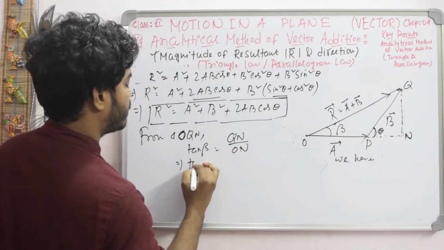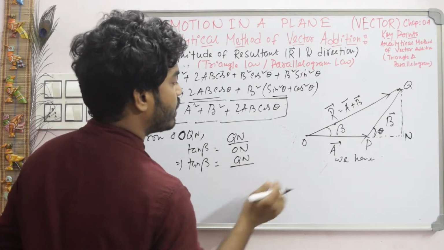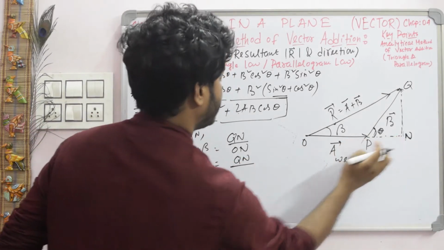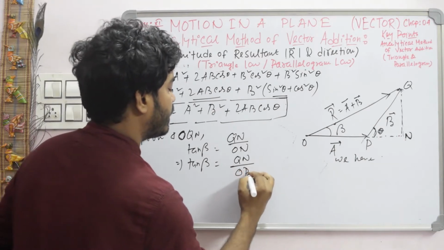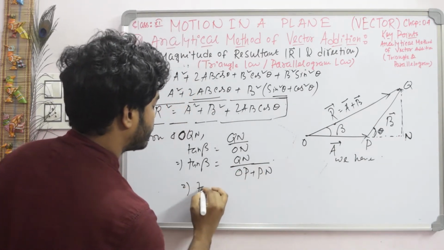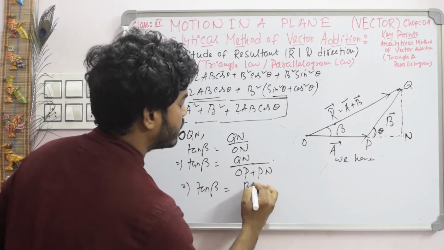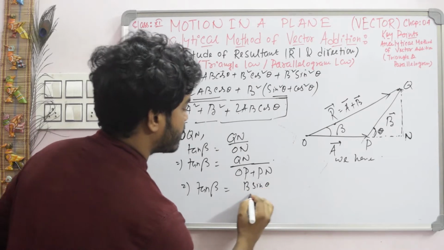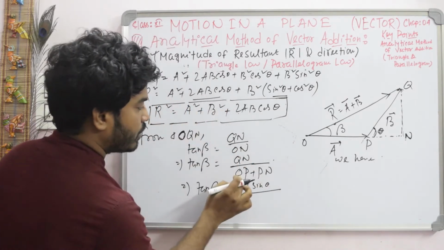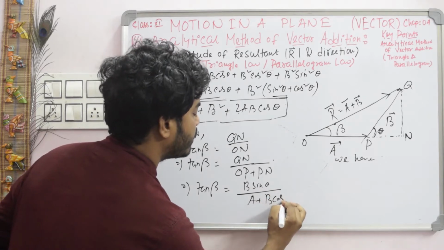Therefore tan beta is equal to QN divided by ON, that is OP plus PN. You just put the values: what is QN? B sin theta. I just explained what is OP. OP represents A, and what is PN? That is B cos theta.